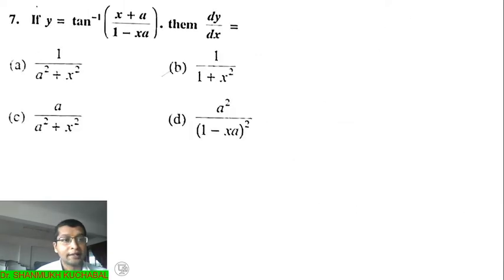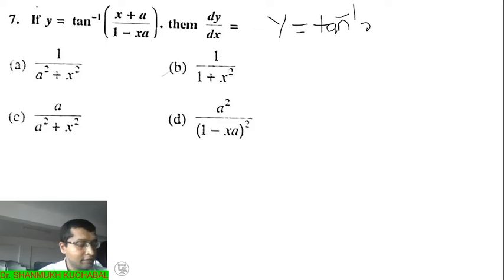Next, we will move to example number 7. It is given that y equal to tan inverse of (x plus a) divided by (1 minus xa). It is in a standard form, that is y equal to tan inverse of (a plus b) divided by (1 minus ab), which is tan inverse a plus tan inverse b, here tan inverse x plus tan inverse a.